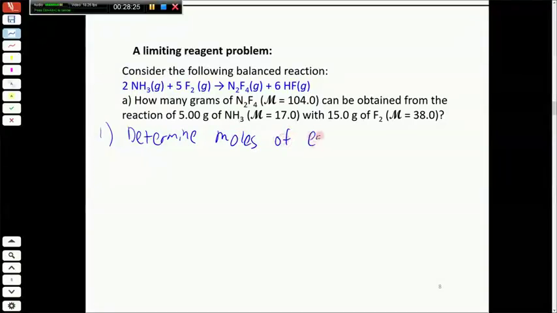And this is not a total waste of time because we're going to use these molar amounts of one of the reactants to start whatever calculation we're doing. So we still need this number anyway. We're going to find the moles of each reactant by using the molar masses. So the moles of NH3, we have 5 grams of that.